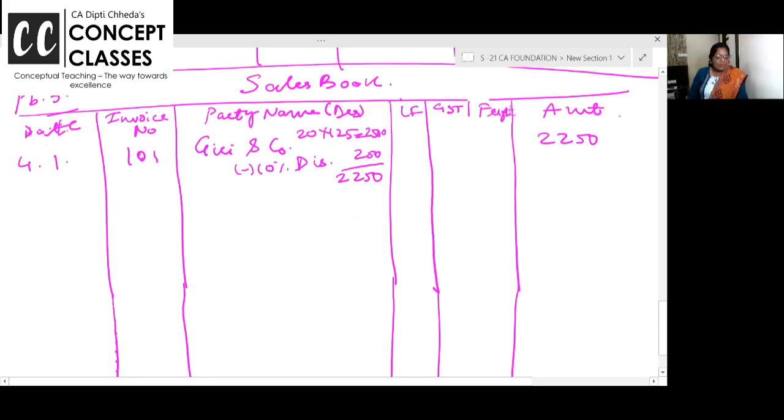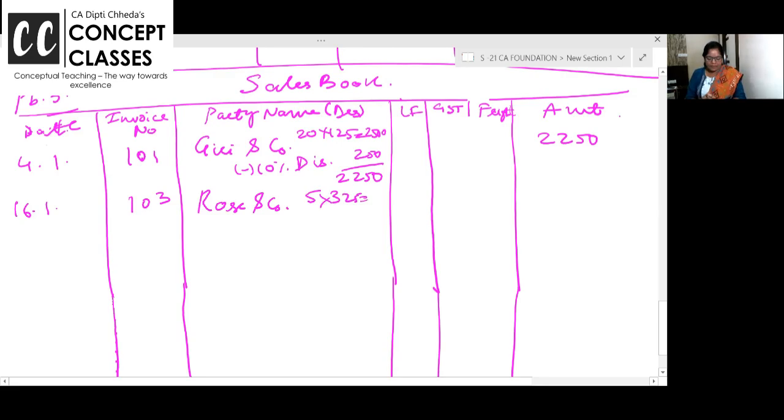Next, we have sold the goods in cash. So sales account will be posted, but it will come in the cash book. So we will not record it now. Okay. Next, we have sold the goods to Rose and Co. on 16th of January, bill number 103. We have sold perfumes to Rose and Co. 5 perfume bottles at 325.